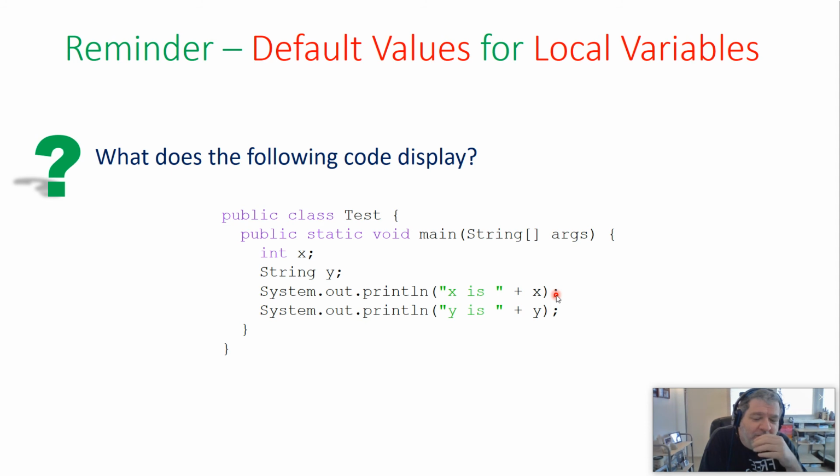So X and Y, the trick is that if they were attributes in the class, if I took those definitions and put them after public class test, open curly brace, but before the method main, then yes, this is exactly what would be assigned to them by default, 0 and null. However, the part where I was sneaky is I said use what we just learned about attributes, but I declared X and Y as local variables.